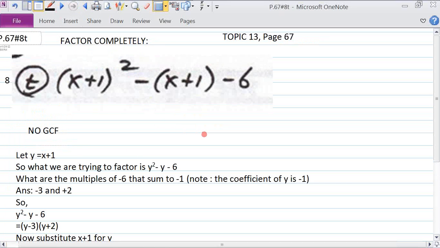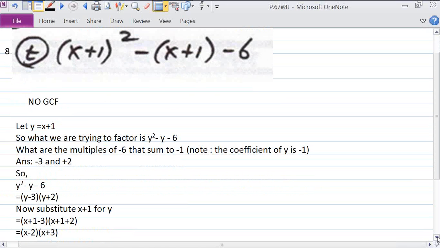If I go to the next problem, I have 8T: x plus 1 squared minus x plus 1 minus 6. There's no greatest common factor here. There's no number or variable that I can take out. So to make this a little simpler to work with, you may be able to do this without doing this, so that's okay.